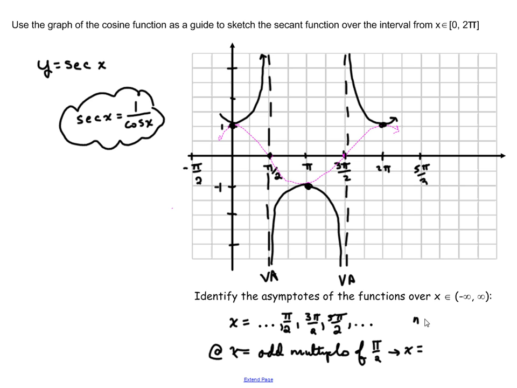Well, if n is any integer, just like I did before with the sine graphs, if n is in the set of integers, -1, 0, 1, 2, and so on, then 2n plus 1 is always an odd number. So we take 2n plus 1 times pi over 2, and that would be an alternate method of stating the location of these asymptotes. Okay, so this is our graph right here. Keep these in mind because we're going to graph some secant and cosecant functions in my next few examples.